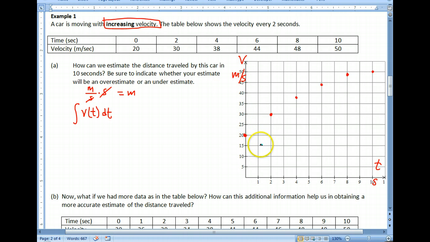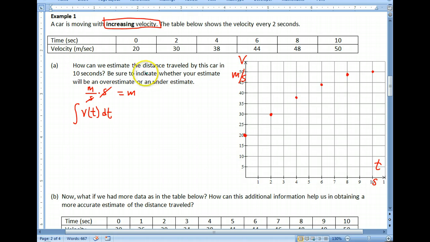So what do you think that means in the context of this problem? The distance traveled by the car in meters. Because each one of these is velocity, but if you're moving for this amount of seconds, you travel a certain distance. And the area under the curve gives us that distance traveled by the car. Okay?